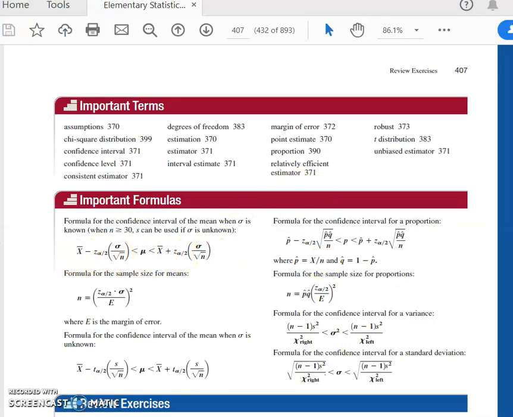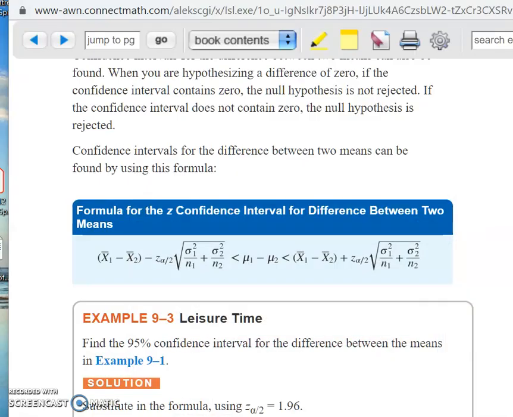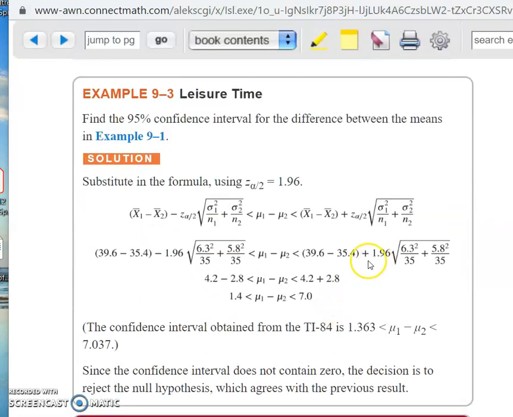Exactly the same, but obviously different things are going to be used for the various portions of the formula. We know what x bar 1 take away x bar 2 is. We know what z sub alpha over 2 is. That's 1.96. So it's just a matter of writing down the formula.